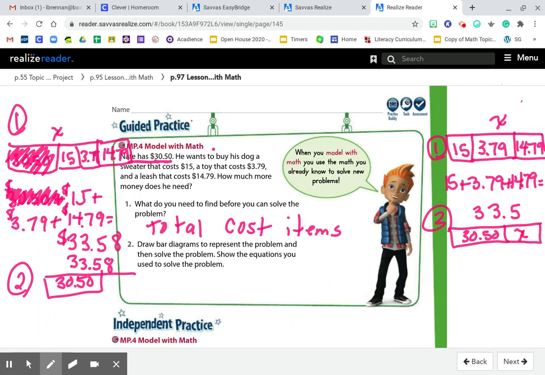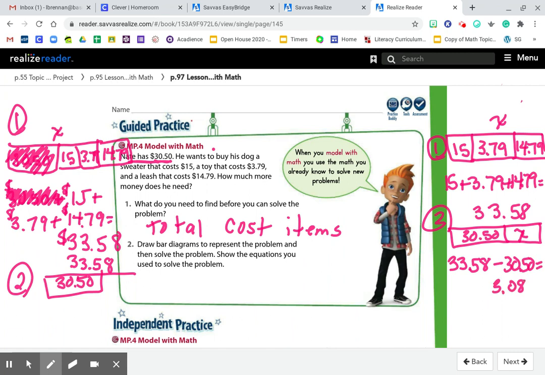So your second equation would be 33.58. I don't know what happened to my 8 up there. It disappeared. 33.58 minus 30.50 equals, and in our final answer, he's going to need $3.08.